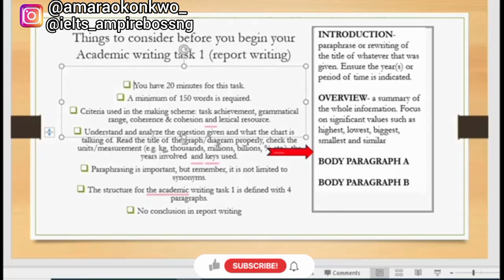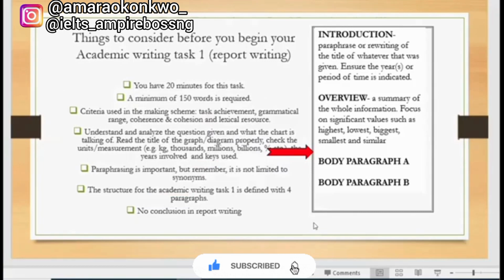And now, the criteria used in the marking scheme to assess your report writing are task achievement, that is how well you answer the question, and then grammatical range, coherence and cohesion, and lexical resource. Before you begin, you need to understand and analyze the question given. You need to read and make sure that you understand.